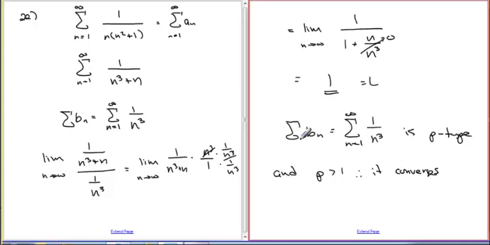And so if this converges, then this converges because the ratio of these two terms had a limit. And it converges due to the limit comparison test.